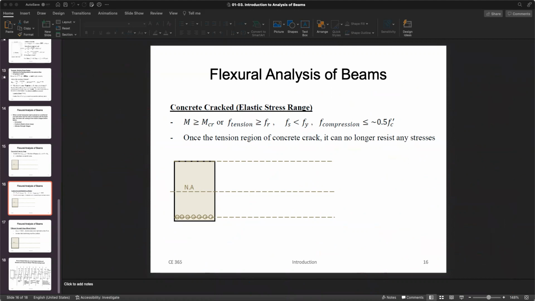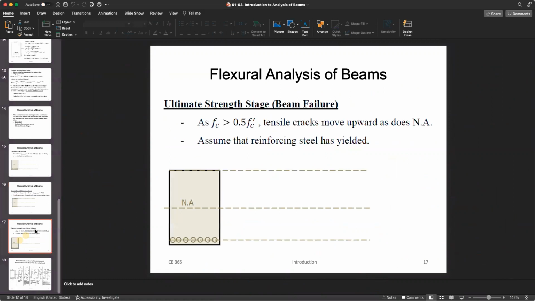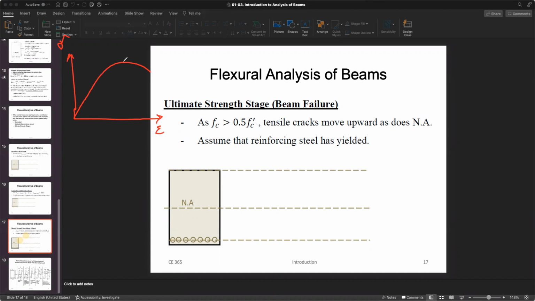Now let's go to the ultimate strength stage. So what is going on here? At this point, you're over that 50% of f'c region, meaning what? This was your f'c, correct?